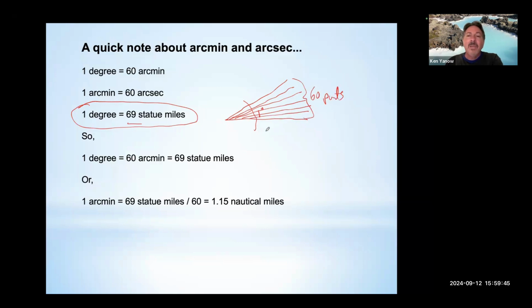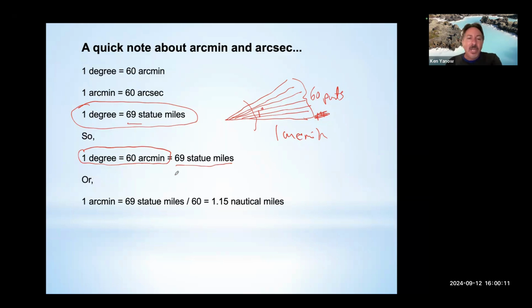So that means that 1 degree is going to equal 60 arc minutes because each one of these little parts is going to be 1 arc minute. And so let's do this. Let's just write it out. 1 arc minute. So 60 of these arc minutes makes 1 degree, and 1 degree equals 69 miles.